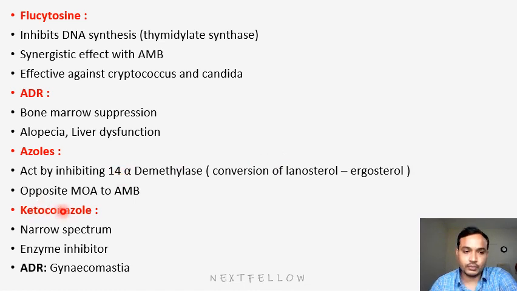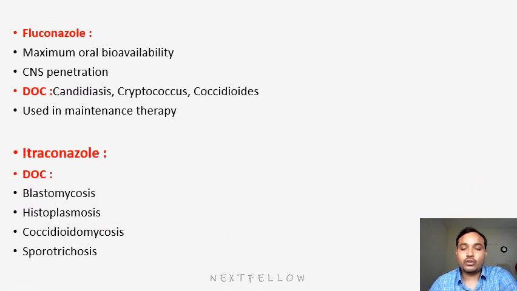An important drug among the azoles is ketoconazole. It has a narrow spectrum and is mainly an enzyme inhibitor. The main adverse effect is gynecomastia. It is most commonly asked as an MCQ: gynecomastia, and its enzyme inhibiting property. Next is fluconazole.